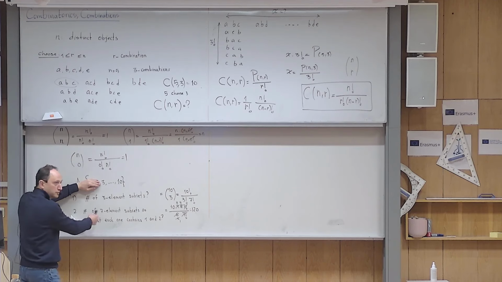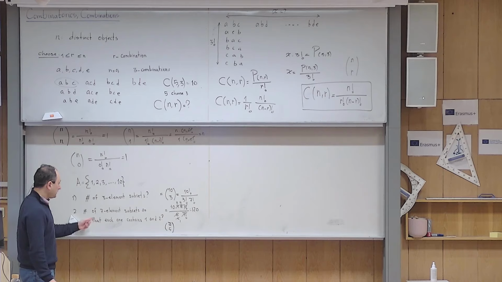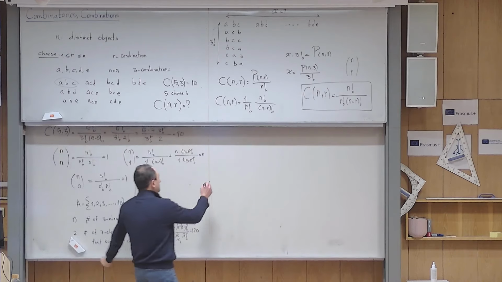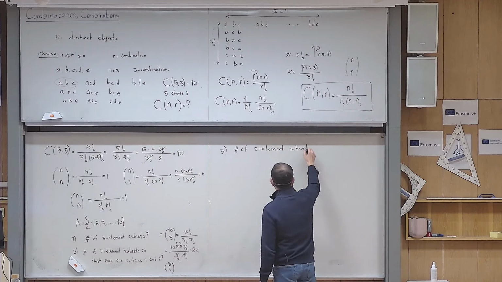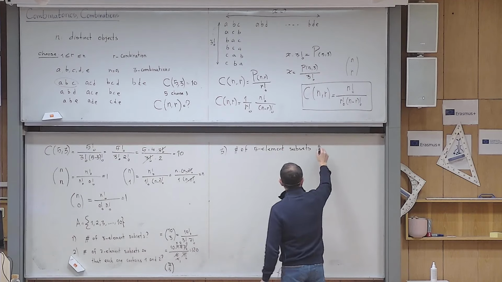Yes? Okay, so let us say that how many 5-element subsets, the number of 5-element subsets that contain 1 and 2, but does not contain 3.